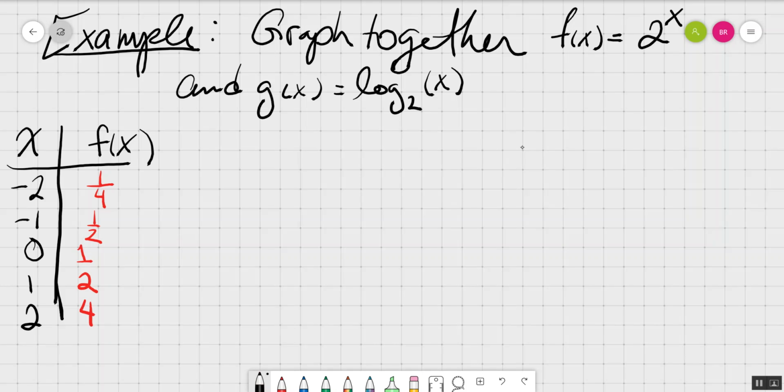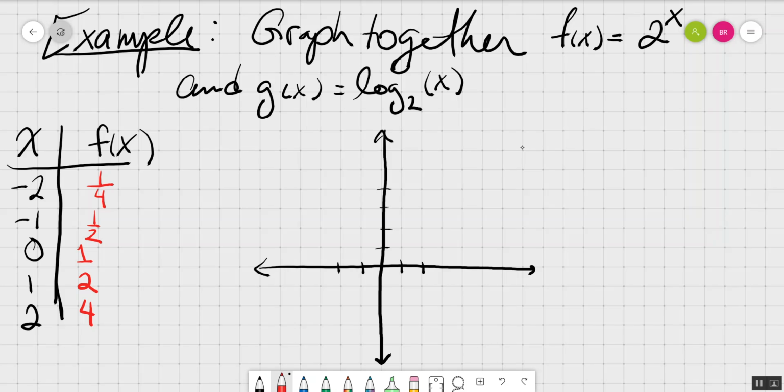So if we were to graph this guy, this should be big enough, I think. 1, 2, 1, 2, 1, 2, 3, 4. Yeah, it goes up to 4. Okay, good. Here we go. So at 0, we're at 1. At 1, we're at 2.